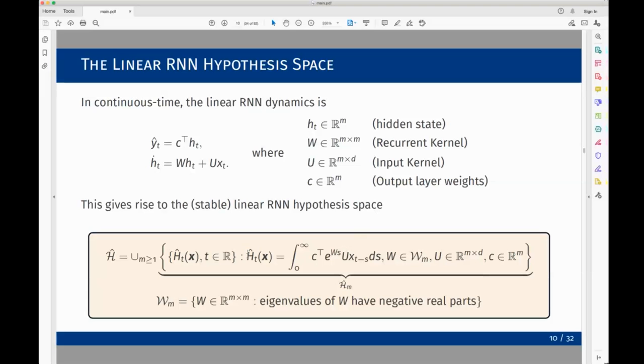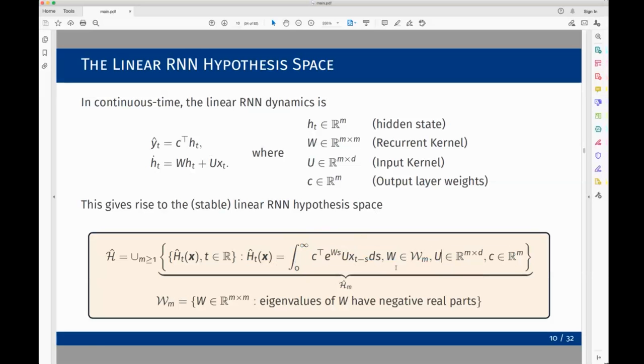So in this sense, we can specify our linear RNN hypothesis space. Let's focus on this part first. This h_t hat of x is given by this formula explicitly, because given the linear RNN relationship, it's just a linear ODE, so we can write down the solution explicitly.